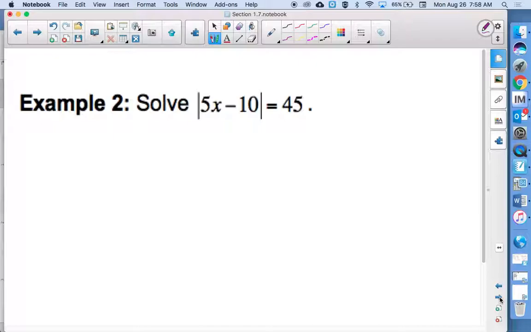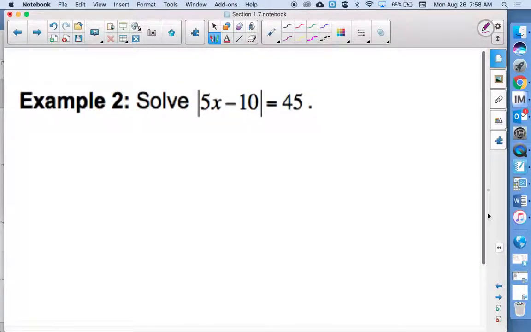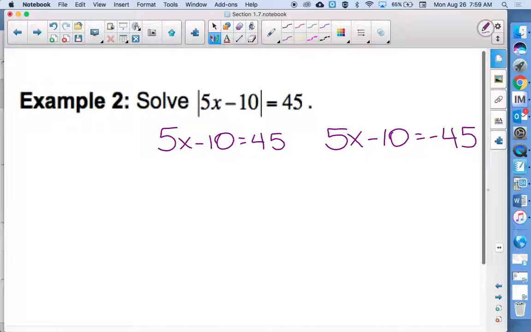See if you can solve this absolute value. So cool, the two answers that you got were?